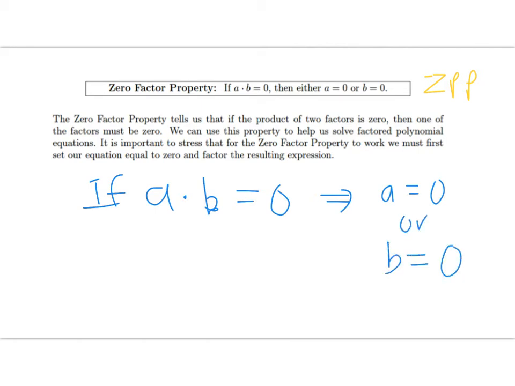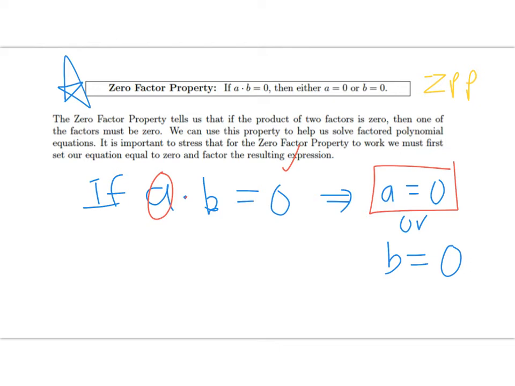Now, this either may seem very clear to you, or it might seem very confusing. So let's just talk about it for a moment. Let's say A was 0. If A were 0, do you agree that 0 times B makes 0? So that's why we can say A must be 0, because 0 times B is 0.